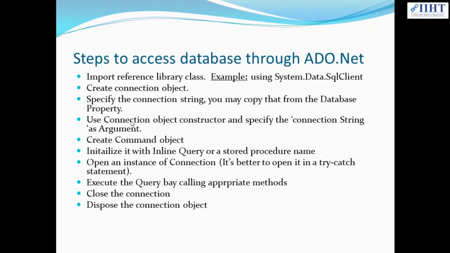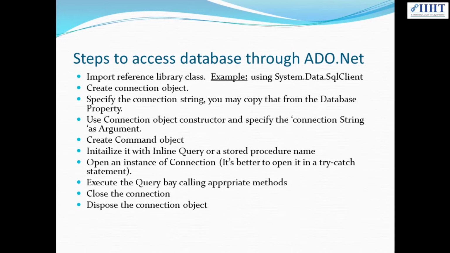Now again we will go through all the steps by which we can access a database through ADO.NET. The first step is to import the reference library class; in my example I've used System.Data.SqlClient. Next is to create the connection object and initialize it with the connection string, which you can also copy from the database property.